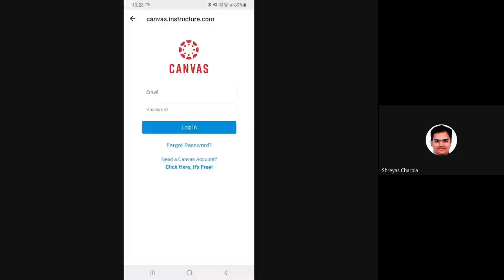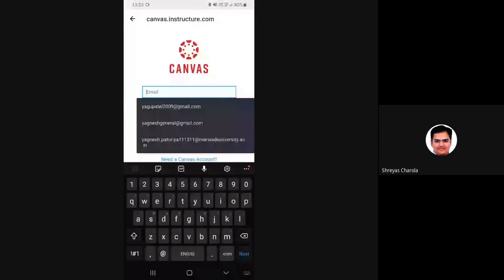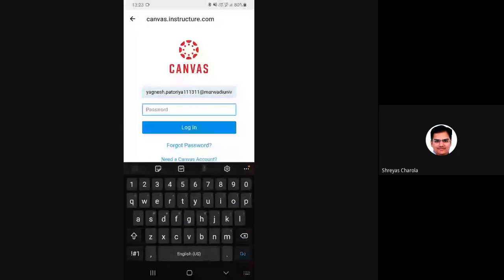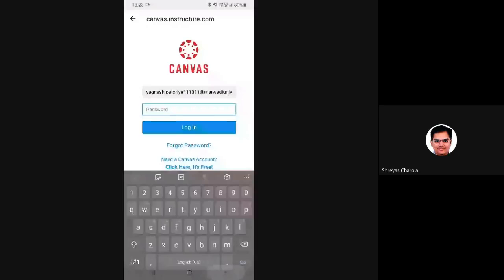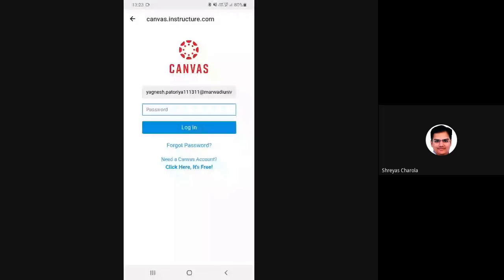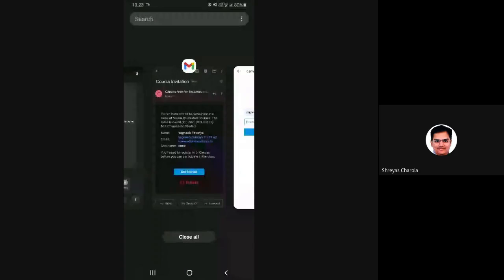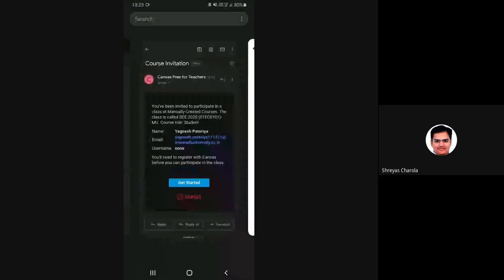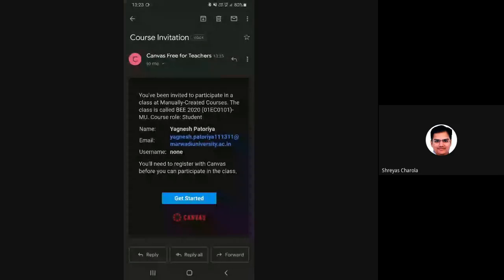Yes, sir, they are asking for email here. Didn't you get the Gmail and password? Open your Gmail where you had the same username and password. Use that same Marwadi University one. Sir, here email and username are there, but what is the password?